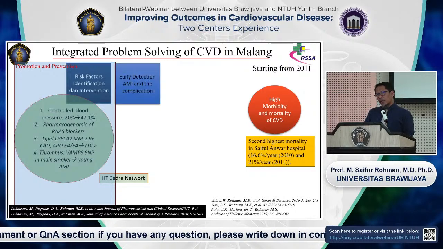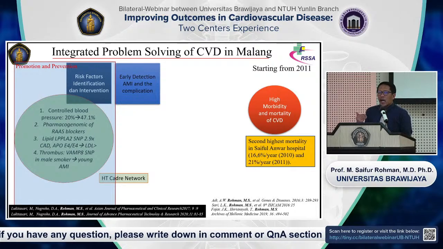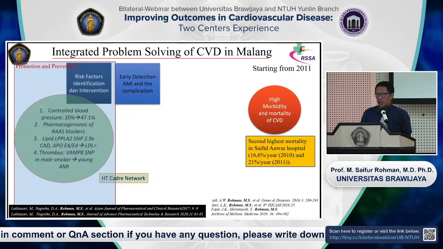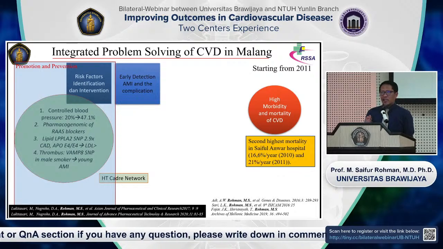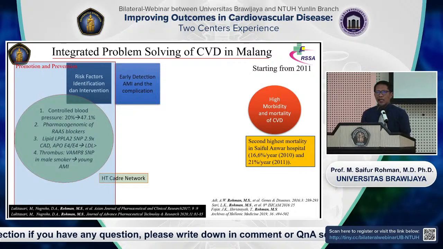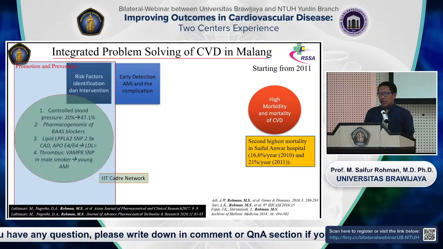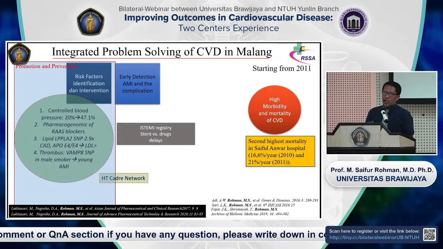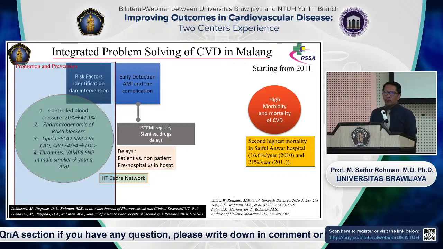That's why we wanted to solve the problem by dissecting the underlying background of heart disease regarding promotion and prevention, and I also performed molecular genetic, pharmacogenomic, and other polymorphism studies predisposing to heart attack. Then we also built a registry and dealt with delay, how to solve delay.